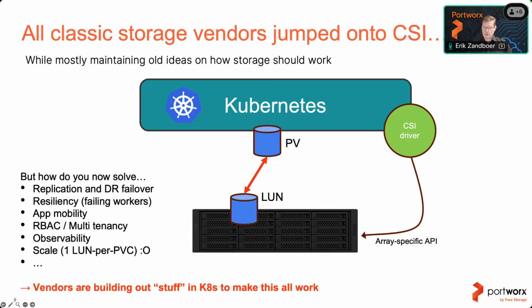DR failover. So anything that lives in this Kubernetes cluster, how do you replicate that somewhere else? You could replicate the storage using the features inside the storage array, but then you'd have all of your persistent volumes in some other Kubernetes environment without actually having all of the Kubernetes objects in the other environment.